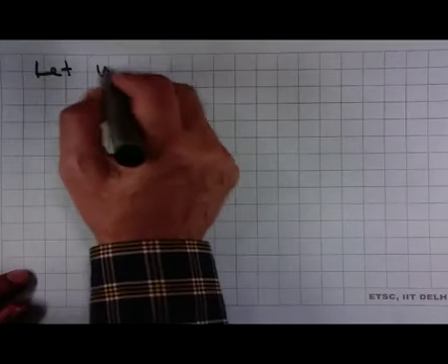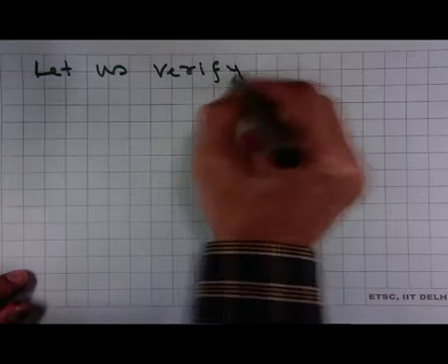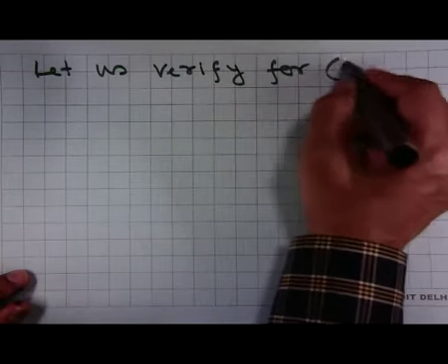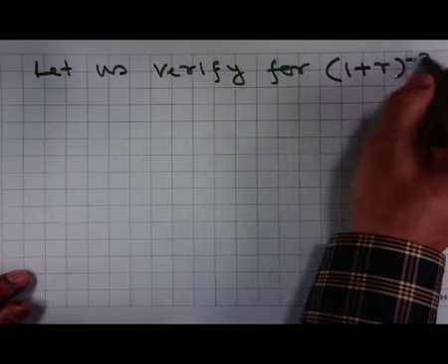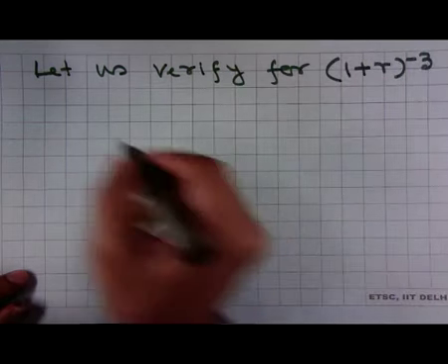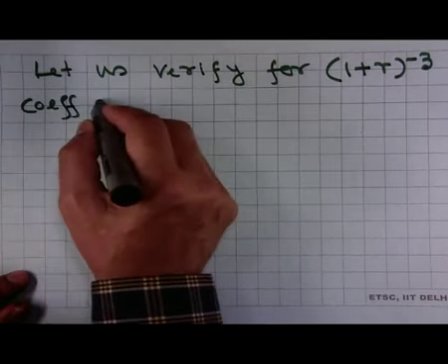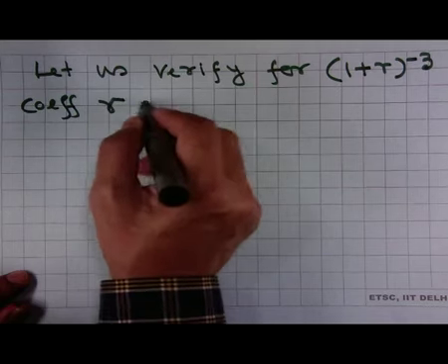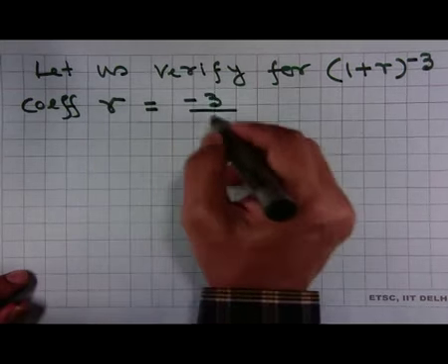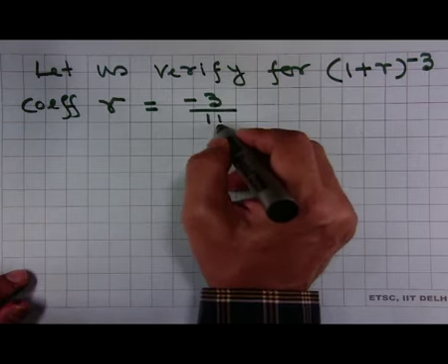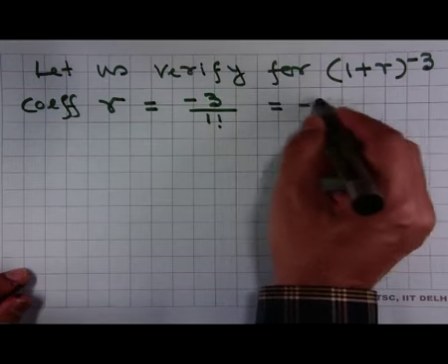Let us verify for (1 plus r) whole to the power minus 3. Coefficient of r is equal to minus 3 upon 1 factorial, which is equal to minus 3.